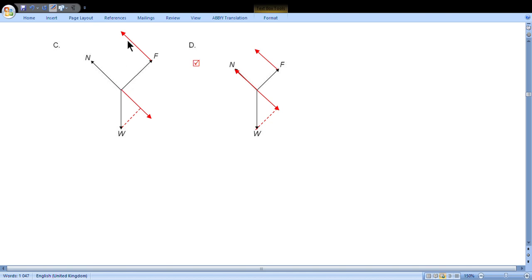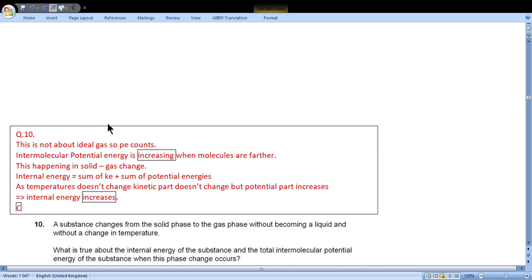So F and N approximately balance weight, but normal reaction doesn't balance the component of the weight perpendicular to the surface, so not C. So here force and normal balance weight, but weight doesn't balance normal reaction, so component of weight, yes, balance, sorry. Component of weight perpendicular to the surface balance normal contact force, so we choose D.